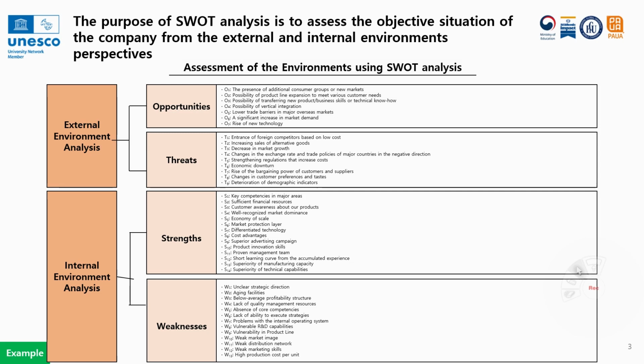And a lot of those factors we covered in those analyses may be categorized as either opportunities or threats. If any factor might be good news to our company, it can be categorized as an opportunity. And if those external factors may be categorized as bad news to our company, they can be threats. Okay.